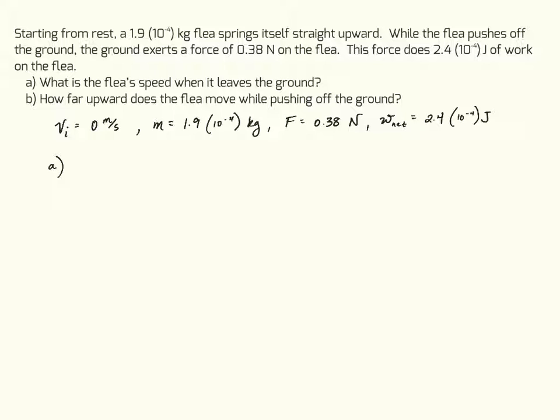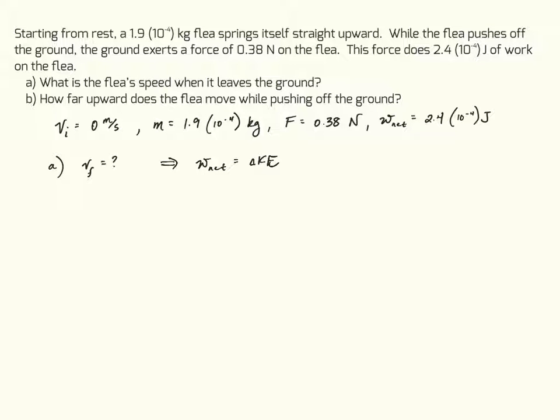Okay, so for part A, we need to find what that final velocity is. So we need to find V final. Well, taking a look at what we know, the net work, we know the mass of the flea, and we know the initial velocity of the flea. So here we can directly use our work kinetic energy theorem.